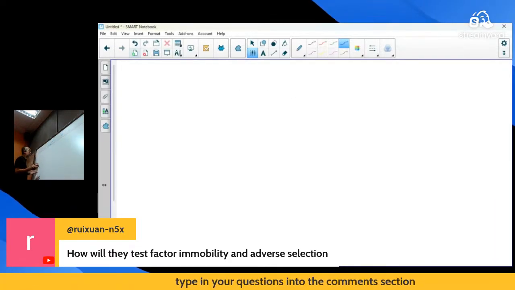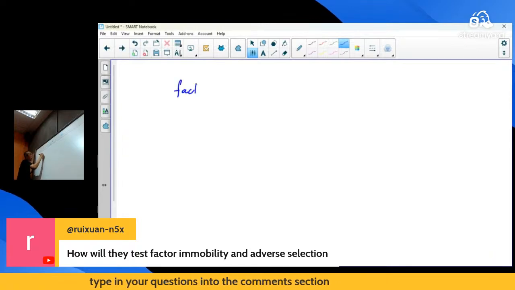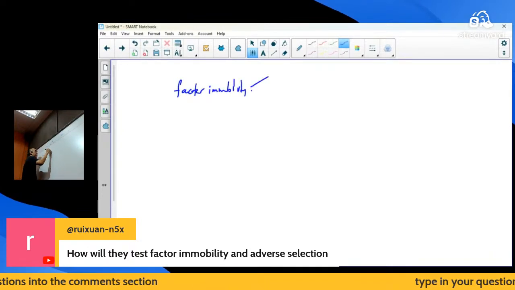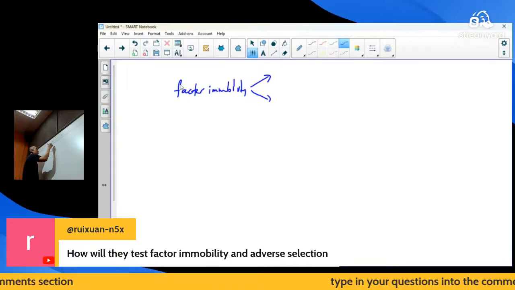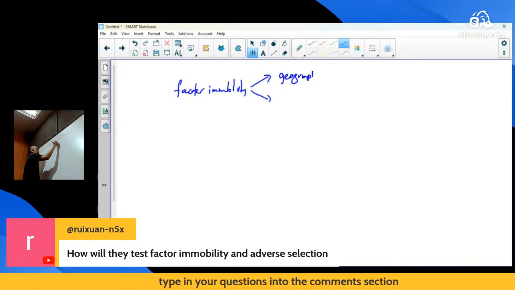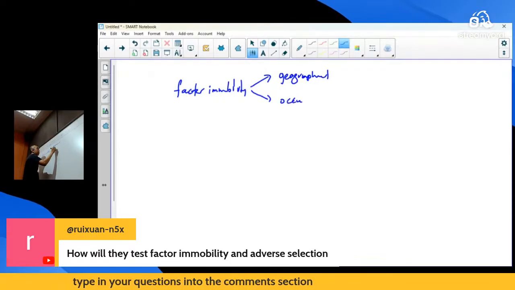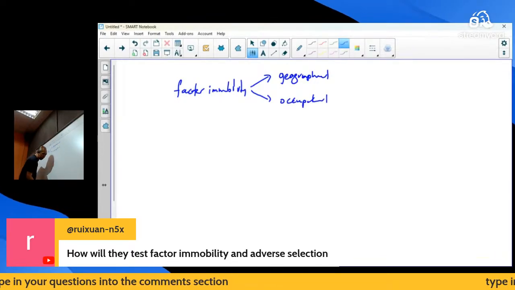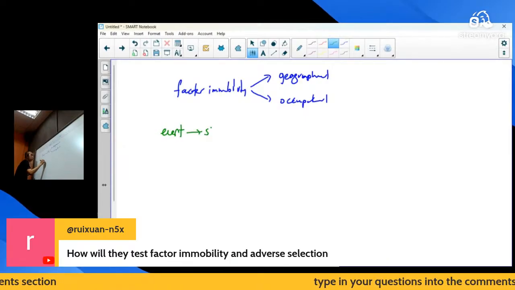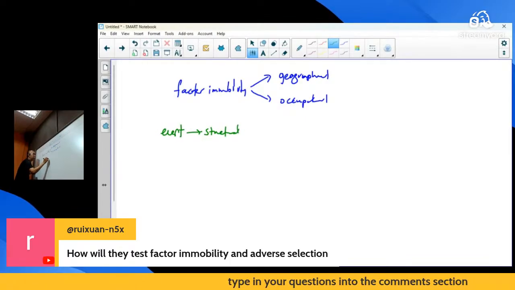factor immobility basically has two versions. You have geographical and occupational. So in order to explain this, what you need is an event that leads to structural change.